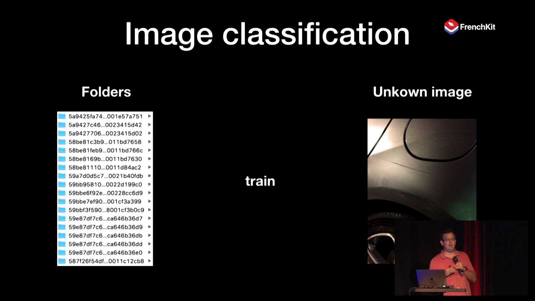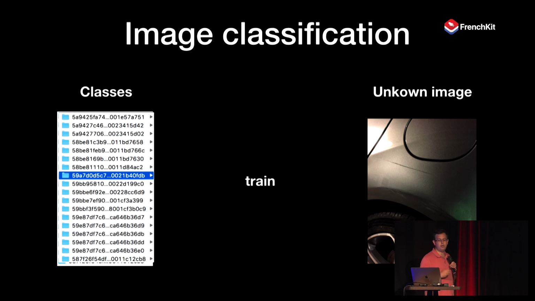Just think about a large amount of pictures, well ordered in some folders. You train that on your Mac, and then your phone or your Mac can just select the perfect folder for new unknown images. In machine learning, we don't speak about folders, but about classes.